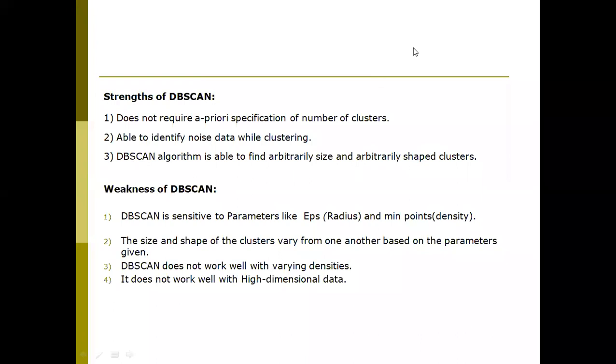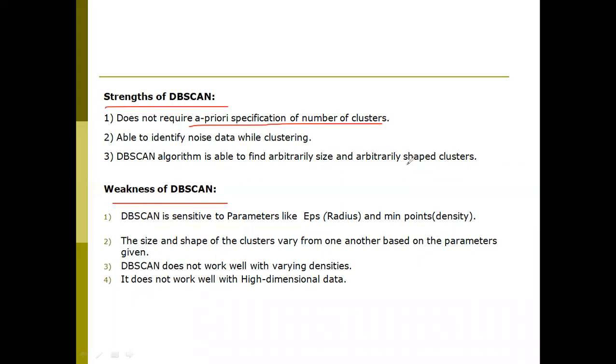Coming to the last slide, it has the strengths and weaknesses of DBSCAN. What are the strengths of DBSCAN? It doesn't require any prior specification of the number of clusters like k-means. No need to assign the number of clusters prior to the algorithm.